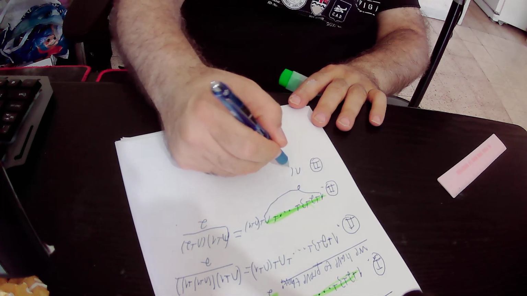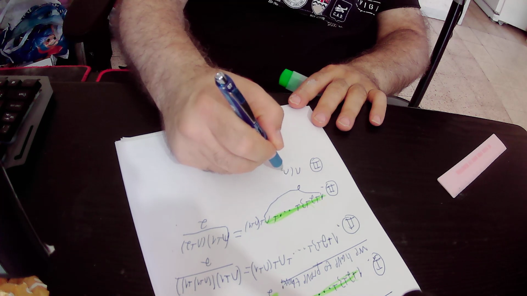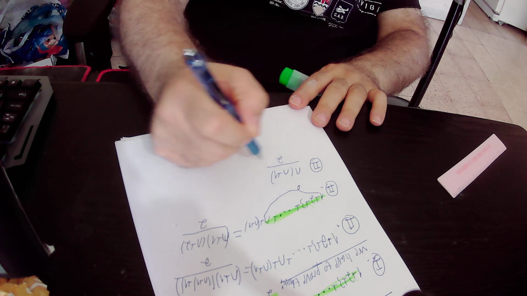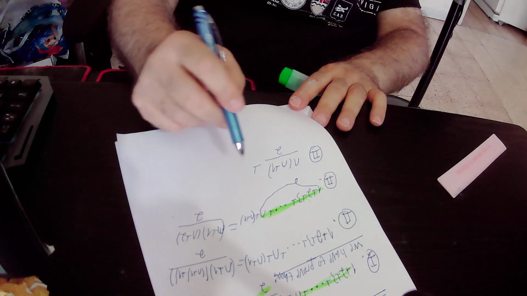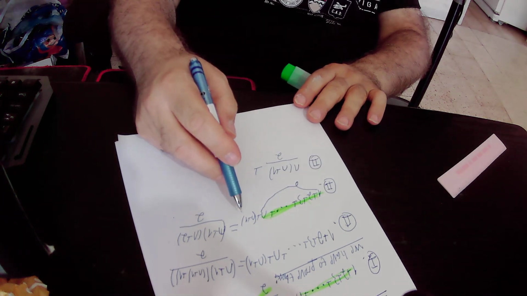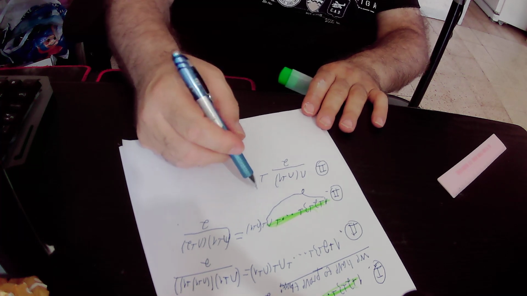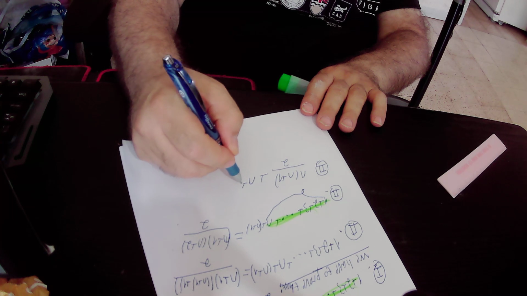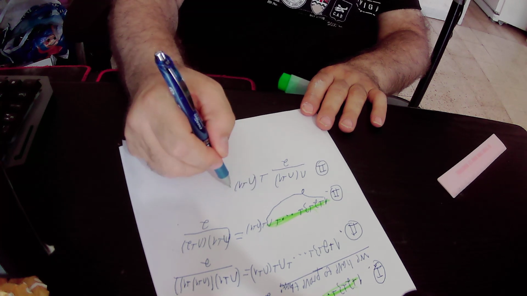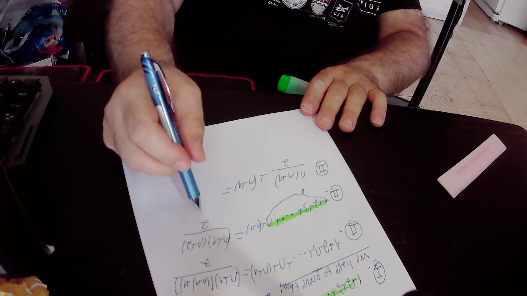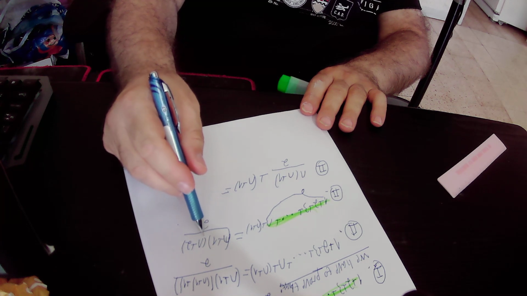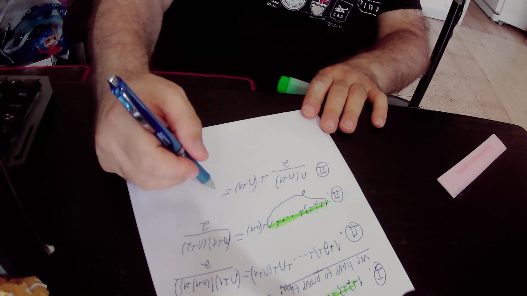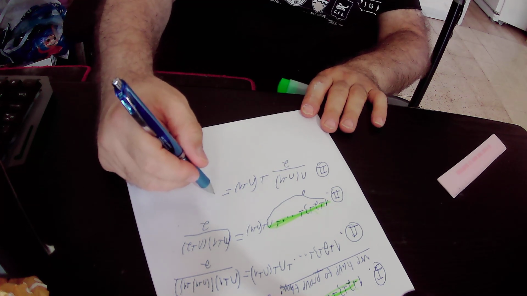So we will write n times n plus 1 divided by 2 plus, here it is written n plus 1, so we will copy it as it is, all equals to n plus 1 times n plus 2 divided by 2. We will copy it as it is.